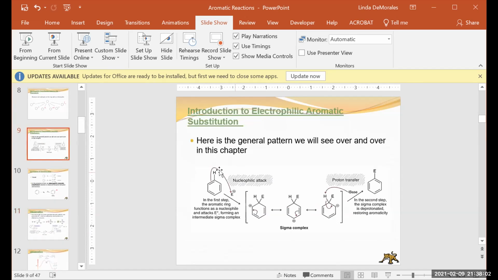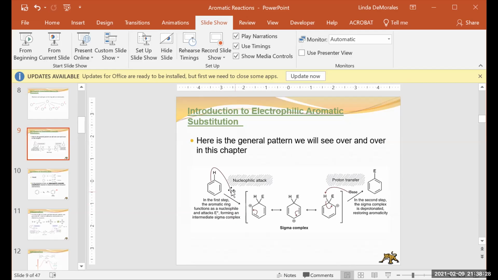There it is. You have an electrophile. Notice positive charge. It doesn't have to have a positive charge, I suppose, but if you're going to make a sigma complex, it would need to have one. So let's keep one with a positive charge, right? And then one of the pi bonds on the aromatic ring comes after that positive charge.